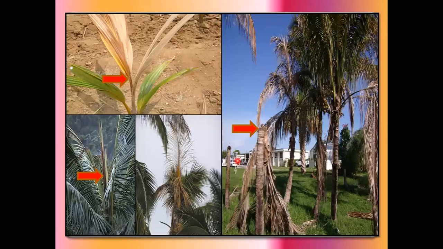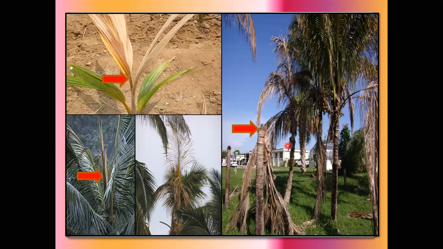See these symptoms of bud rot seen in coconut palms. These pathogens infect the younger seedlings of the coconut as well as mature coconut palms, so it affects the palms at various growth stages.